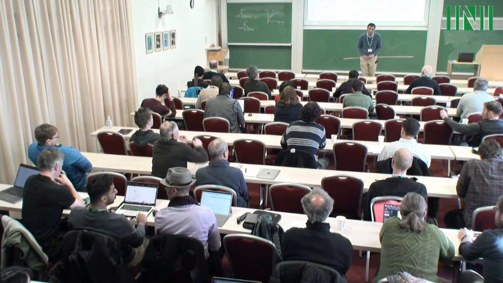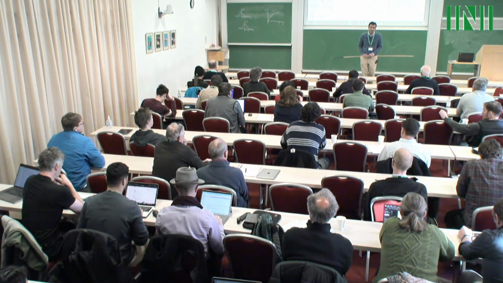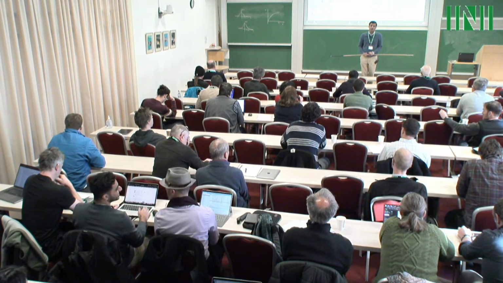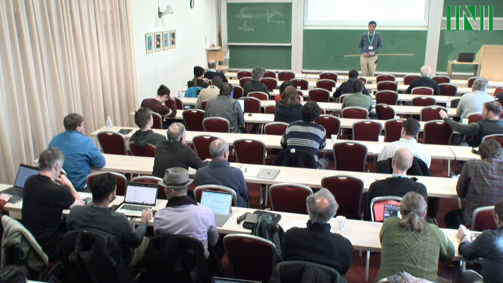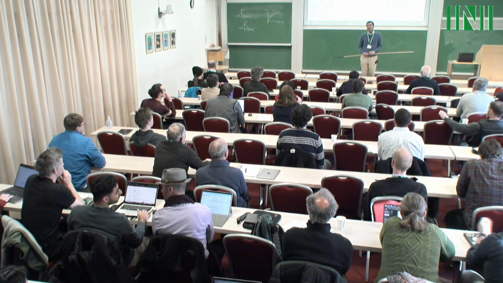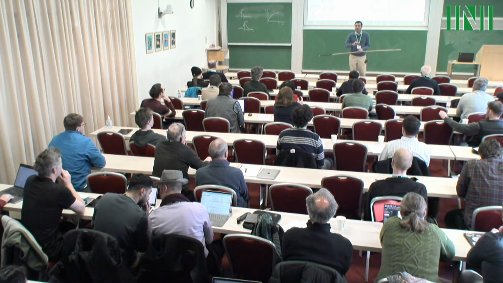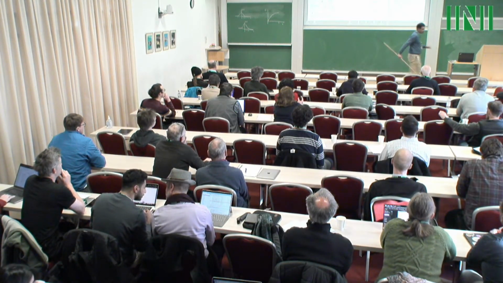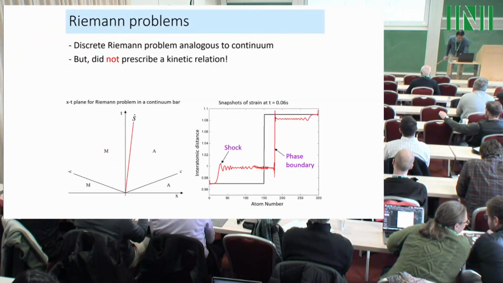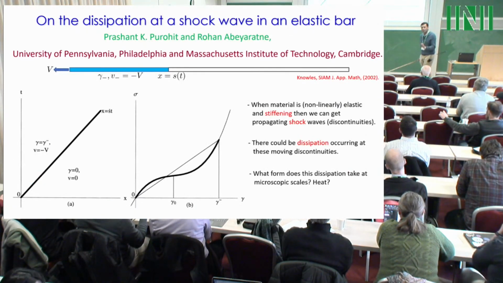Another question is, the material that you considered is assumed to be non-linearly elastic, but there is no dissipation in the material. So which material do you have in mind? Okay, difficult question. Think about rubbers. The slide that I showed you in the very beginning, this is a fictitious material that we dreamt up because we wanted to understand something in a little more quantitative detail.